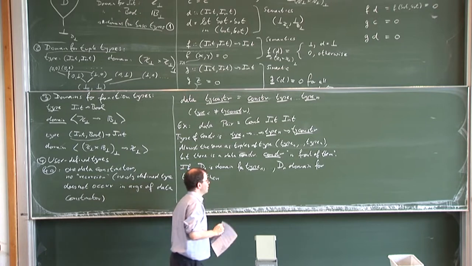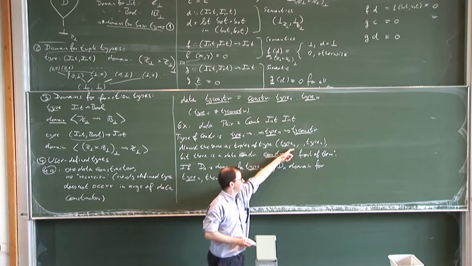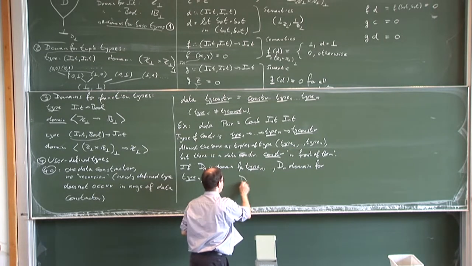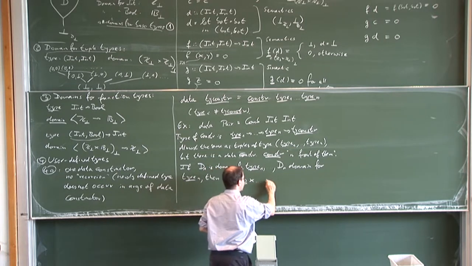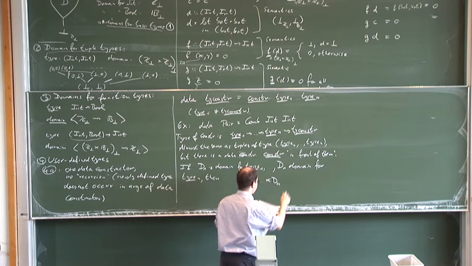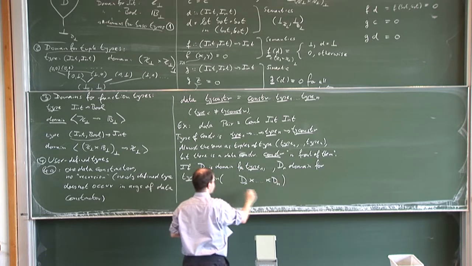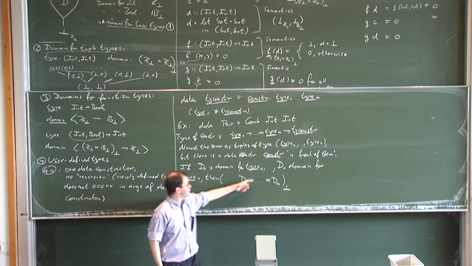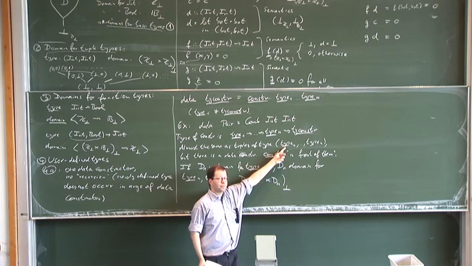Well, what would be the domain for this tuple type? The domain for this tuple type would be D1 cross up to Dn, and then the whole stuff would be lifted.